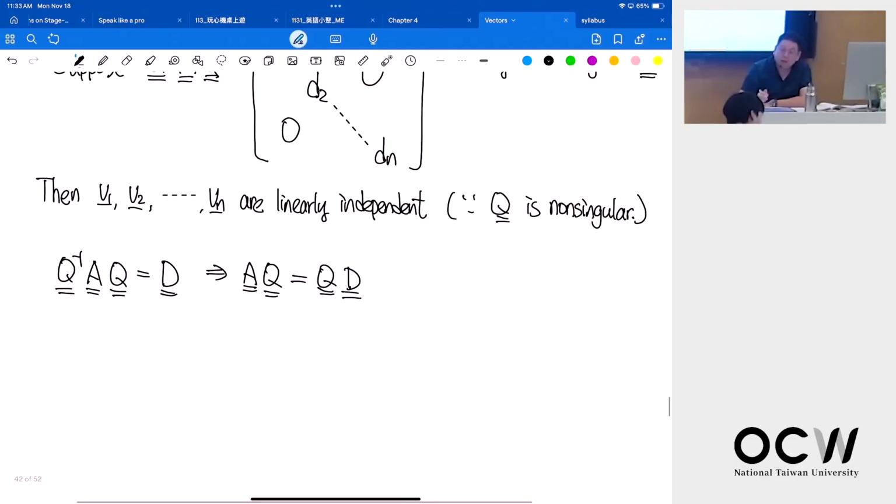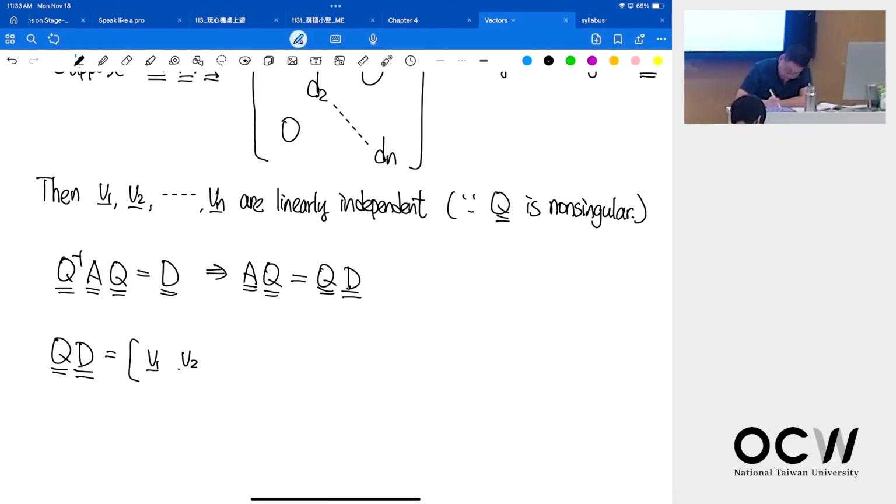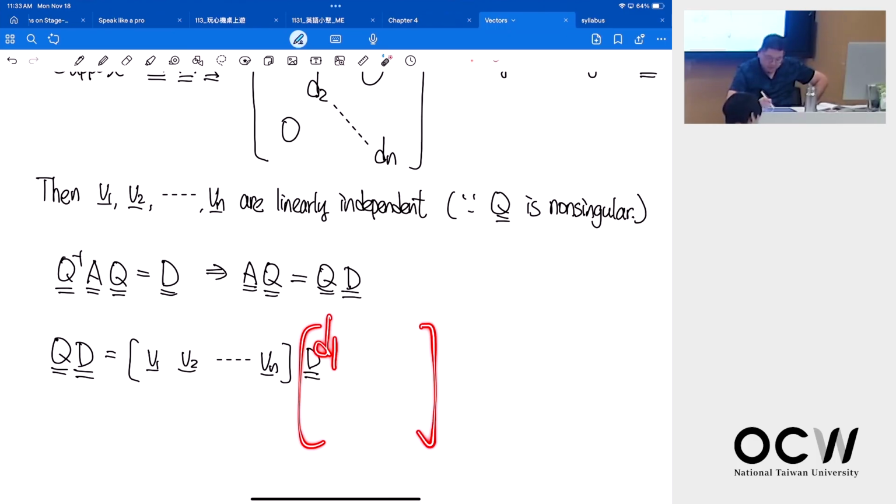Okay? What is QD? Your Q is V1, V2 to Vn, where each V is a column vector, times D. Remember, D is a diagonal matrix, D1, D2 to Dn, and the others are all zeros.